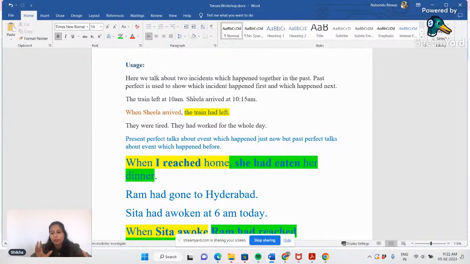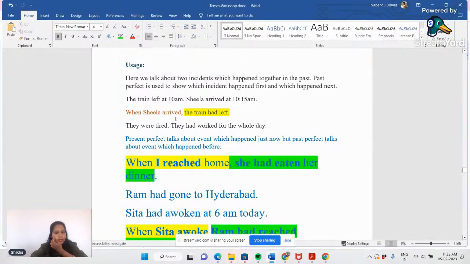How can we frame the sentence using perfect tense? When Sheila arrived, the train had left. So you should remember, for the incident which happened first, we will be using past perfect. And for the incident which happened next, we will be using only simple past.